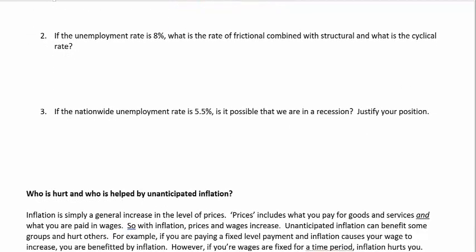All right, if the unemployment rate is 8%, what is the rate of frictional combined with structural, and what is the cyclical rate? Well, it's what I just described. Okay, 6% is going to be our frictional and structural. Okay, but that means the remaining 2% of the 8% total is going to be cyclical.